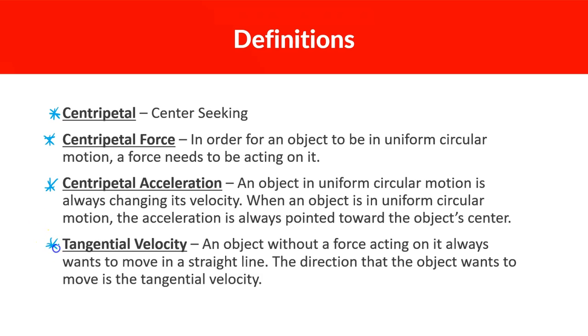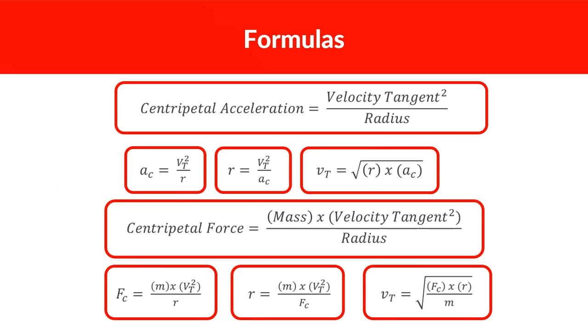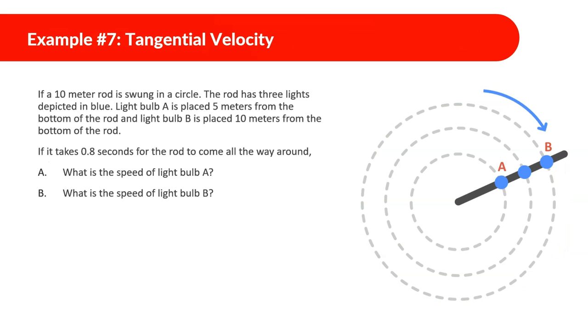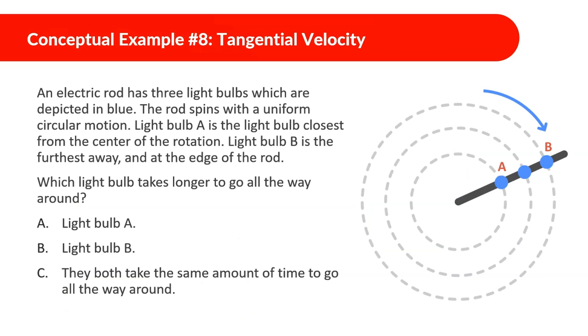Tangential velocity. An object without a force acting on it always wants to move in a straight line. The direction that the object wants to move is the tangential velocity. And maybe we can see an example of this. Let's imagine this as a ball here. This ball, as it's spinning in a circle, wants to fly outwards like this.